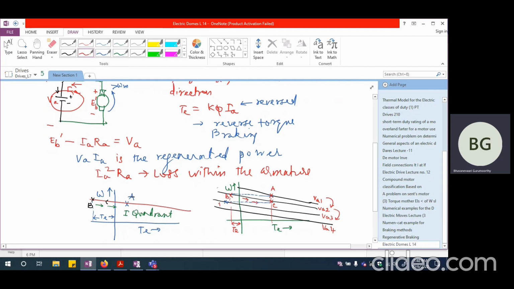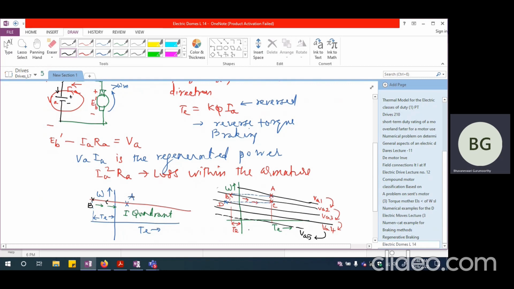Like this, you should be able to slowly reduce the voltage from VA3 to VA4 and further down, and then ultimately reach literally zero speed. If I draw one more characteristic like this, this is VA5, and that is definitely going to reach zero speed when I reduce the voltage to VA5. So with variable armature voltage, we should be able to incorporate regeneration even until zero speed is attained by a motor drive.